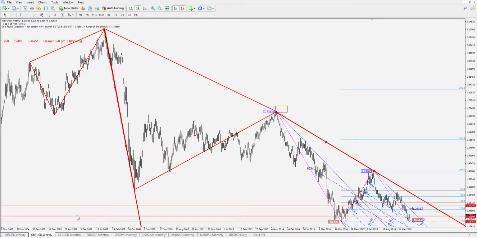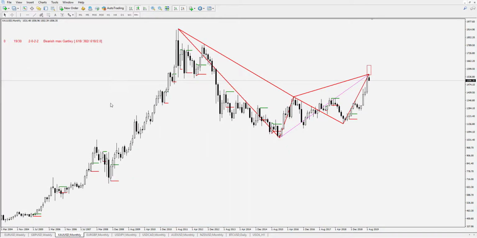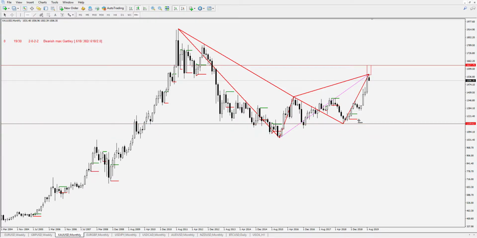So go to the gold, bearish Max Gartley. Now this will invalidate at 1627, and then the next logical place would be this low, 1159.